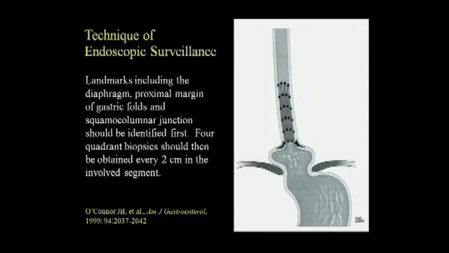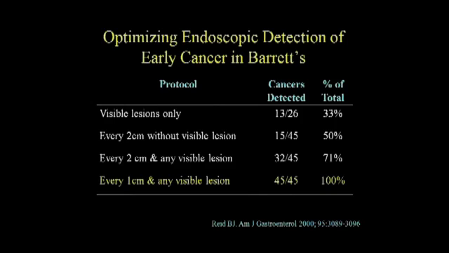The standard of care is to take 4 biopsies around the clock face every 2 centimeters in non-dysplastic Barrett's and every 1 centimeter in dysplastic Barrett's for surveillance. And if you do that, there's reasonable data, along with biopsying any visible lesion, that you will have a virtually certain chance of picking up areas of neoplasia.